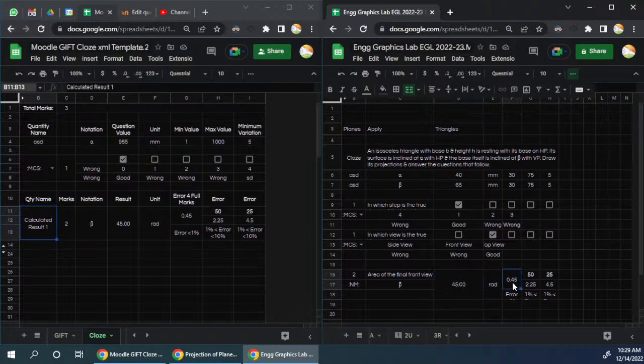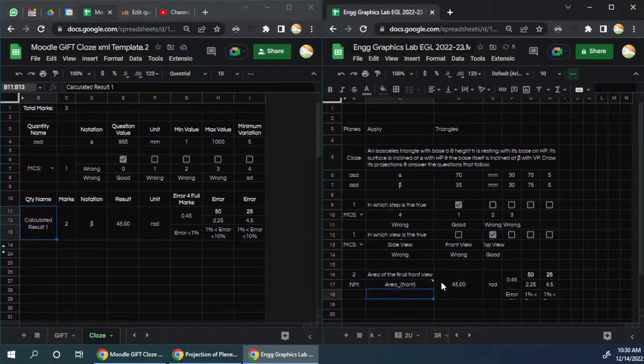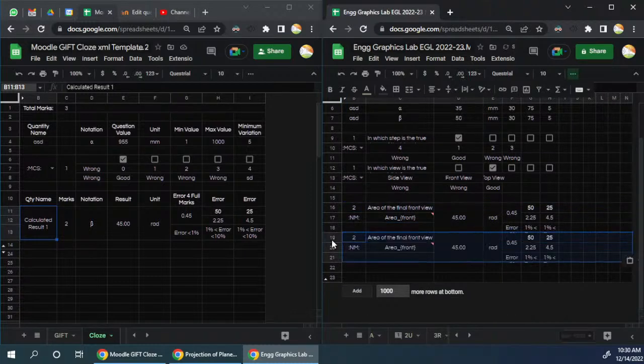Okay, it's time for the class. I'll have to run for that. But before going over there, here is the area of the front view. So let's mark this. We have the front. In the front view. The area of the top view. This is going to be mm square.